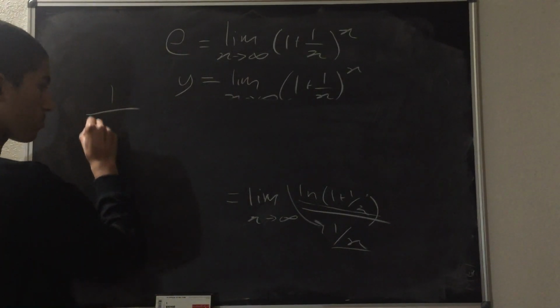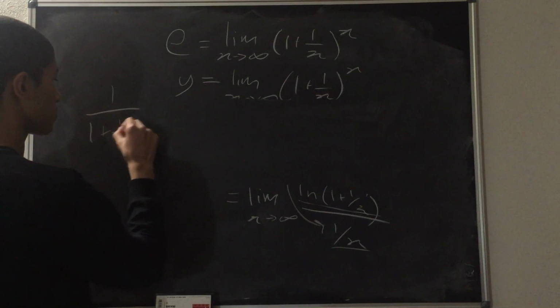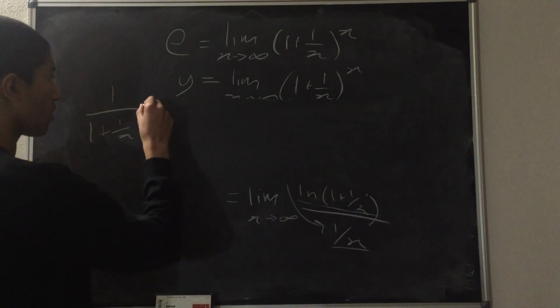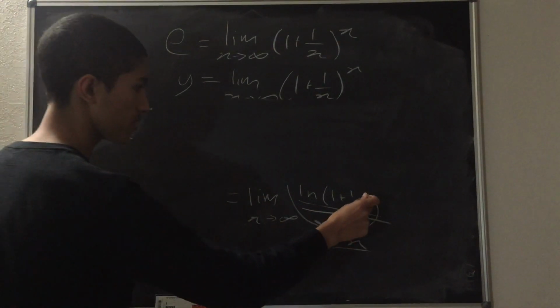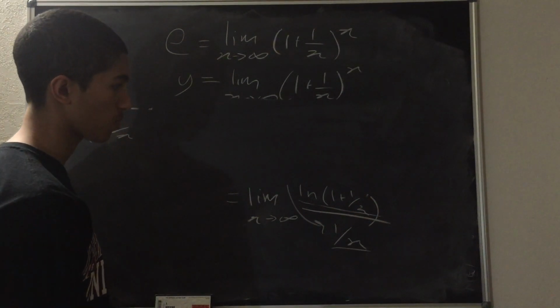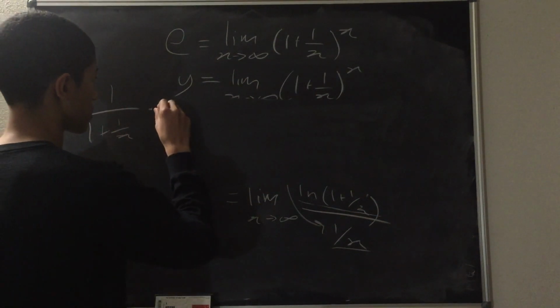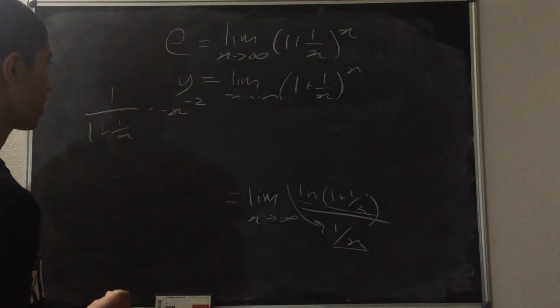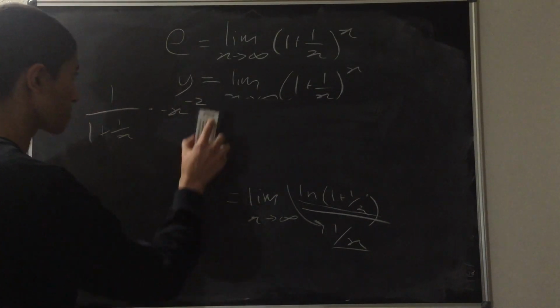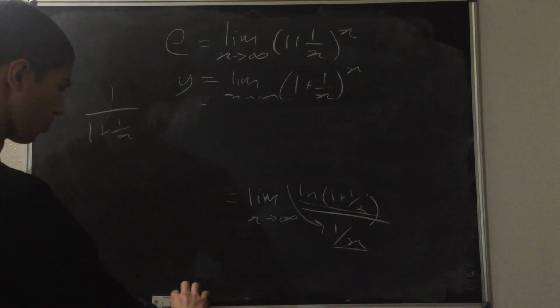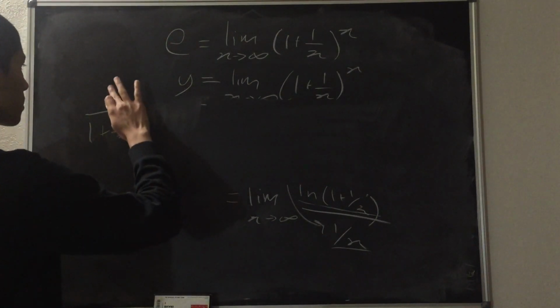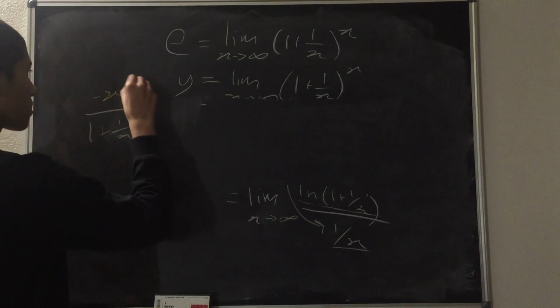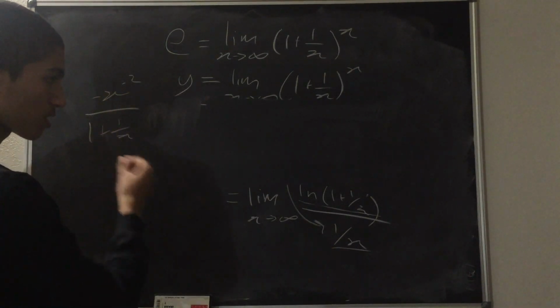And you get 1 divided by (1 plus 1 by x), all of that multiplied by the derivative of the inner function, which is 1 divided by x, which is negative x to the power of negative 2. And that's only our numerator.